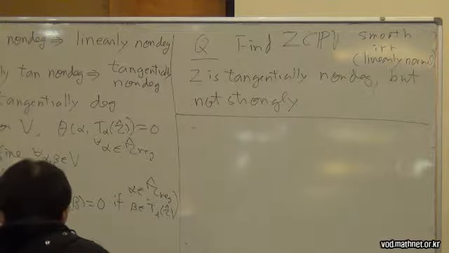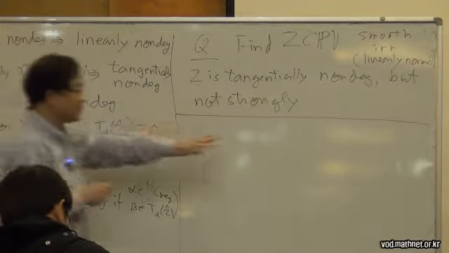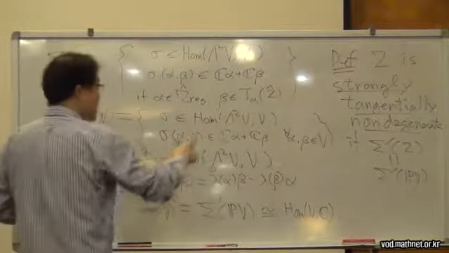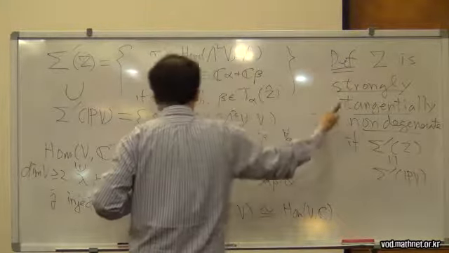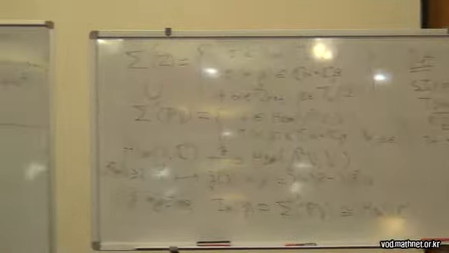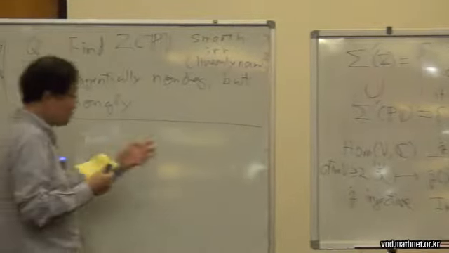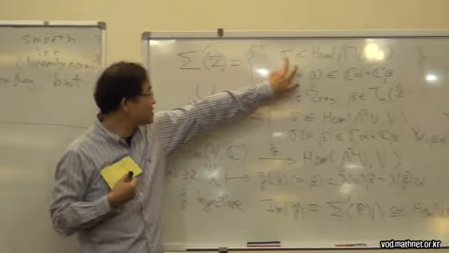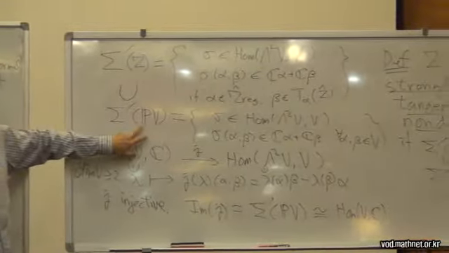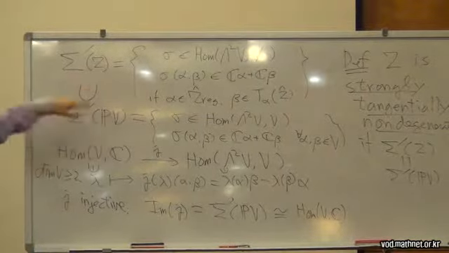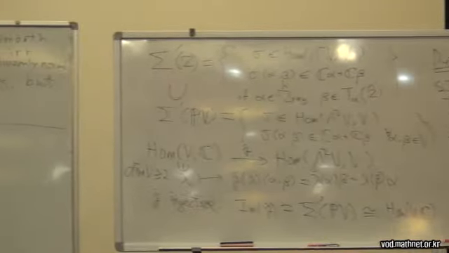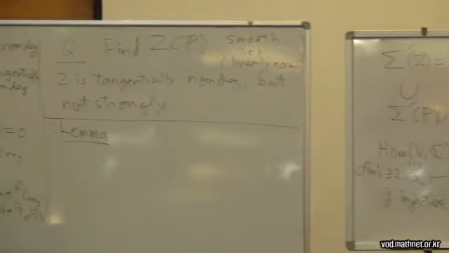Okay, so now this is a new notion, strongly tangentially non-degenerate. So how to check something like this? You need some tool to check when an element here belongs to sigma prime PV. So let me give you, as an exercise on all the definitions, one lemma.